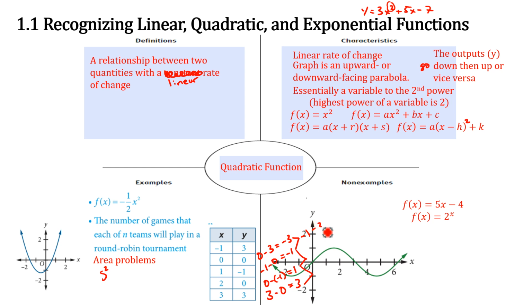Negative 1 minus negative 3 equals 2. 1 minus negative 1 is 2. 3 minus 1 is 2. So the rate of change is linear. That makes the original function quadratic. That is super confusing, and we're going to go over that quite a bit.